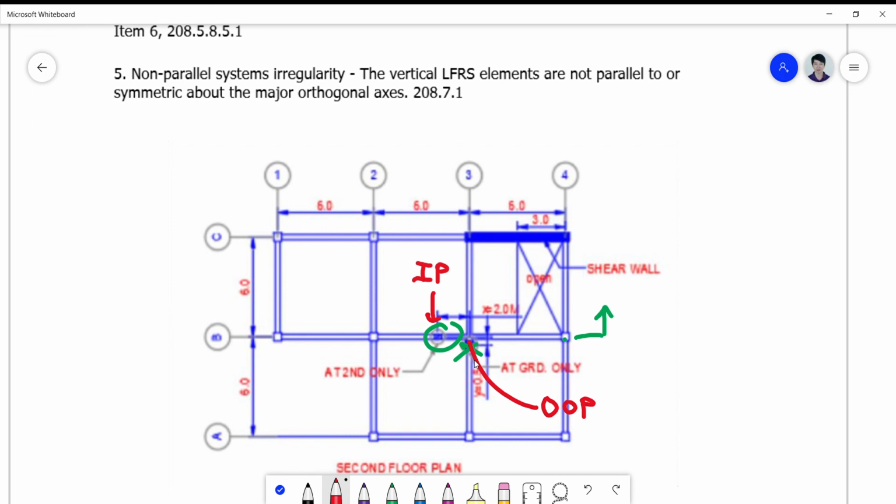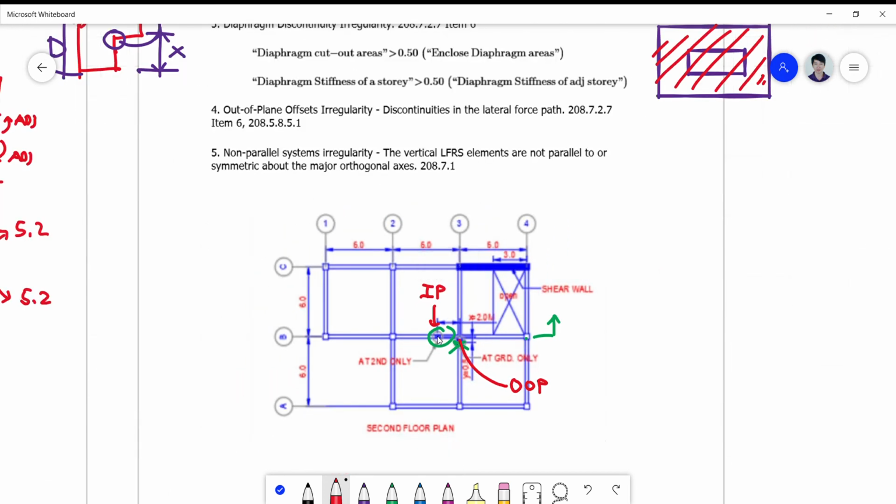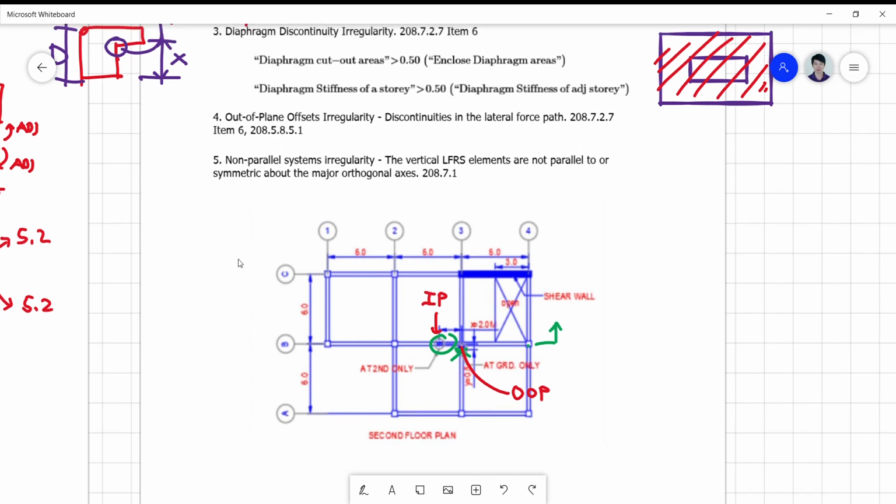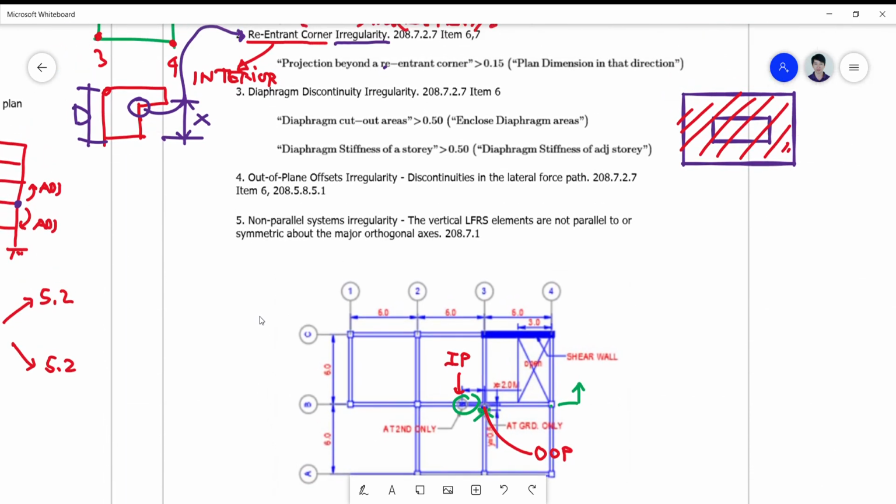So if you look at frame B, my OOP is this column here. But if I look at frame 3, my OOP is this column here. So you have to look into those important considerations when you are dealing with these irregularities.